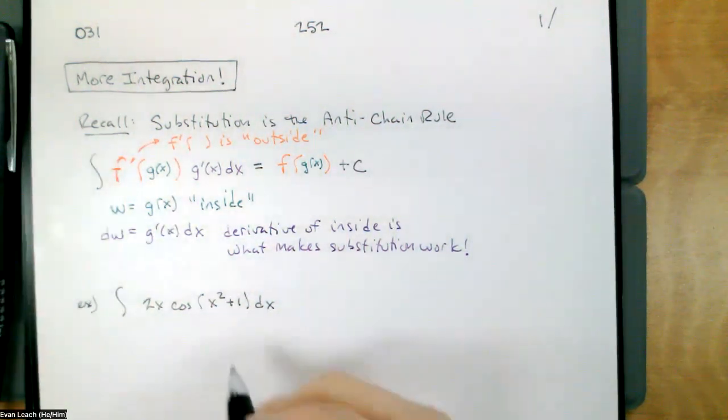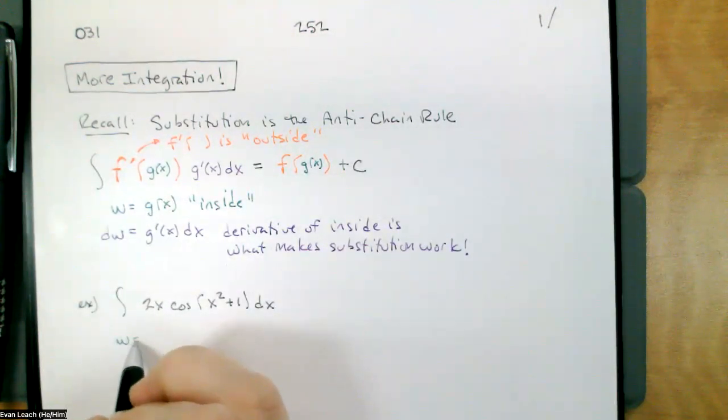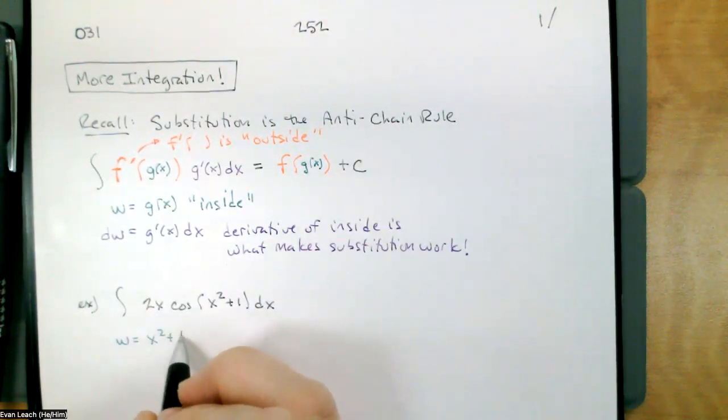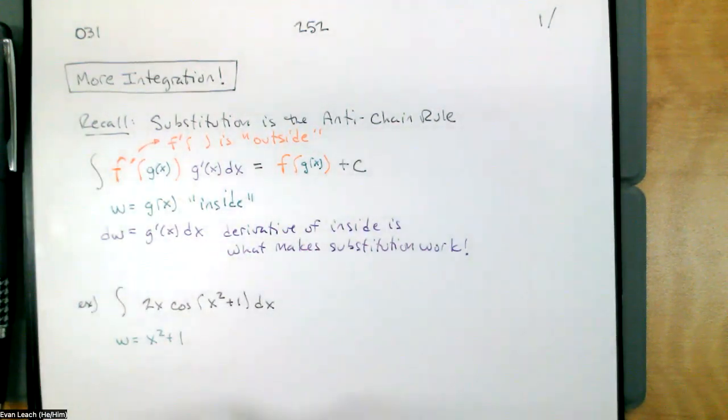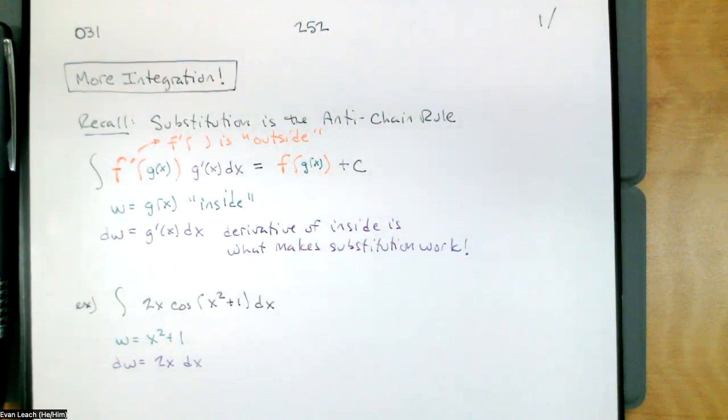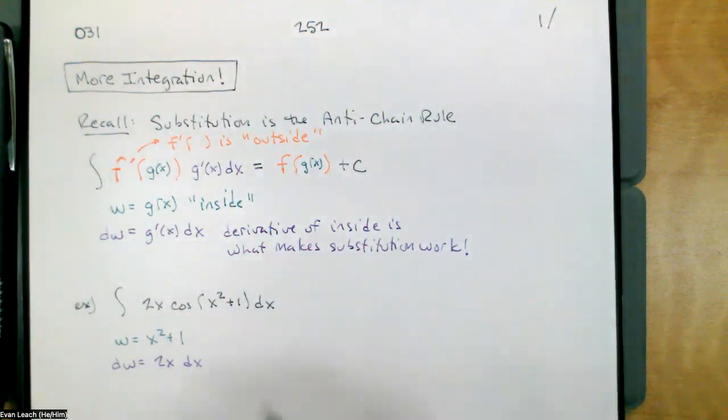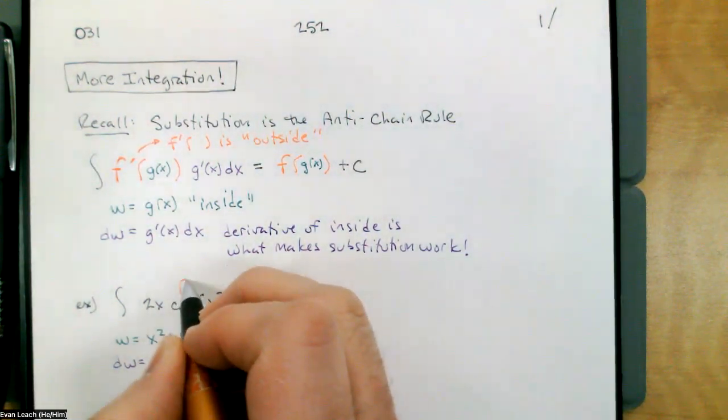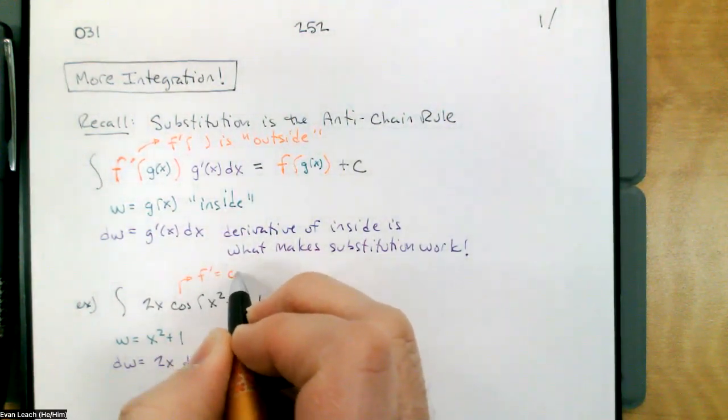So our setup, we'll say w is x squared plus 1. We'll take the derivative of this to make sure our substitution will work. So we've got exactly what we need to make substitution work in this case. If w is x squared plus 1, then the dw will need to look like 2x dx, and that's exactly what we have. Our outside function is cosine, so f prime is cosine.